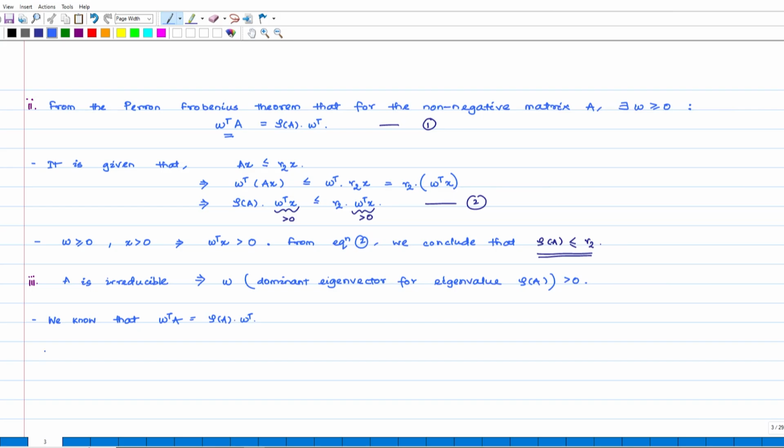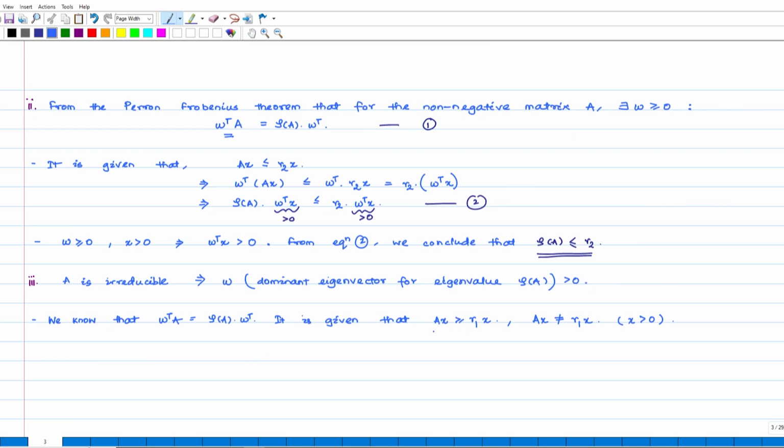Further, it is given that Ax is greater than or equal to R1x, such that Ax is also not equal to R1x. Notice that here it is given that x is strictly greater than 0. Now, let us left multiply w transpose on both sides.